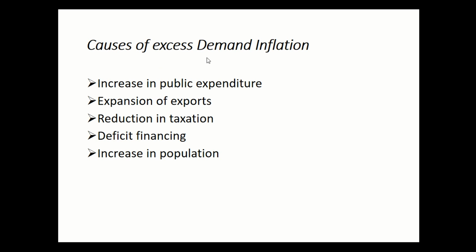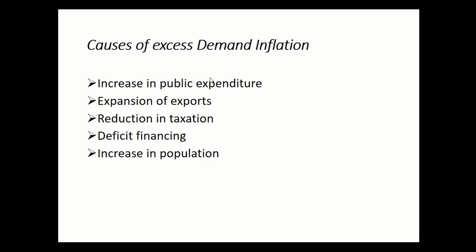As the cause of this inflation, it is seen that this excess demand inflation is caused by an increase in public expenditure. Here, public expenditure may be increased because of different factors, for example, to meet recurrent expenditures, or expenditure to increase the production process in the economy, and this will increase the money supply in the public.